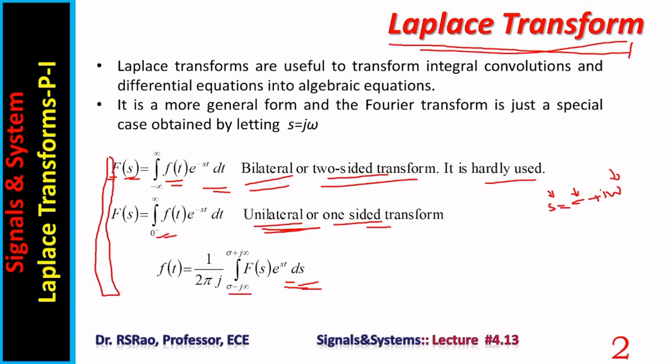Before moving further, one or two important points regarding transforms. Laplace transforms are useful to transform integral convolutions and differential equations into algebraic equations. Notice algebraic equations are always easy to deal with when compared to integral equations or differential equations.